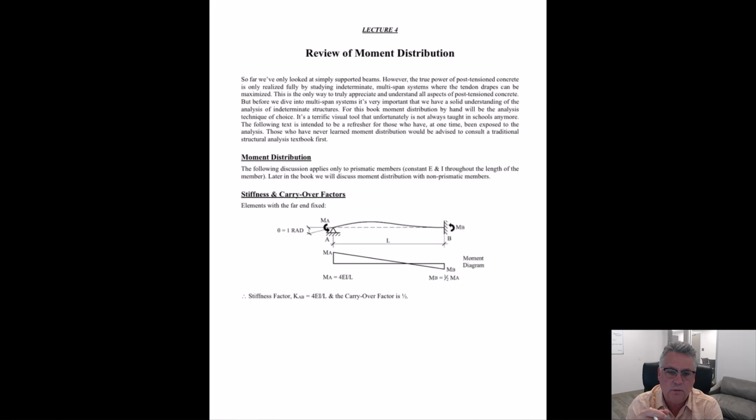Could only do simply supported elements. So I madly scrambled and put together a set of notes for the next class period, and came in and as quickly as I could taught moment distribution. That's basically where these notes began.